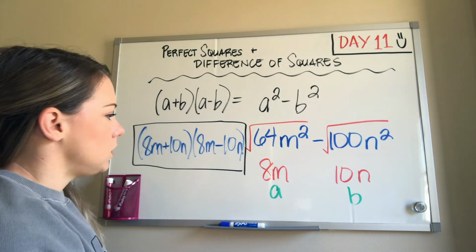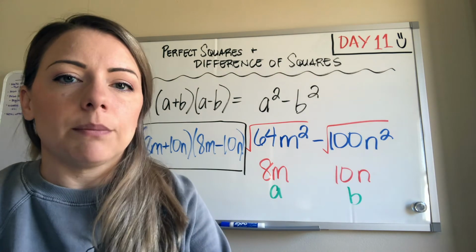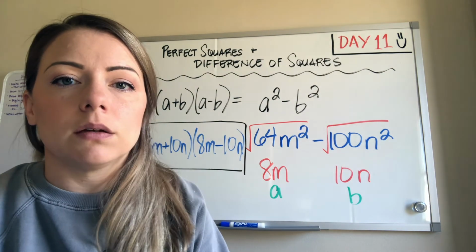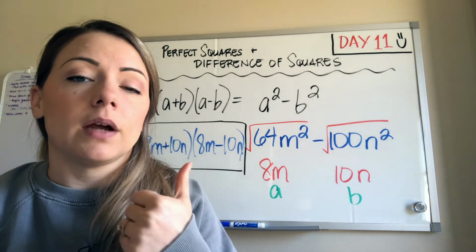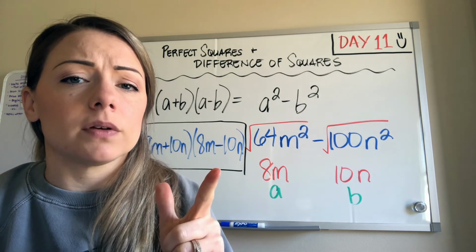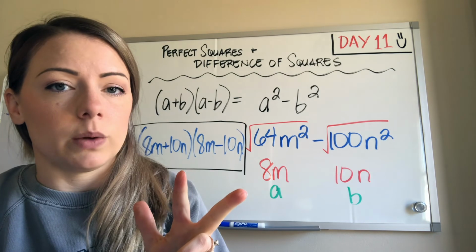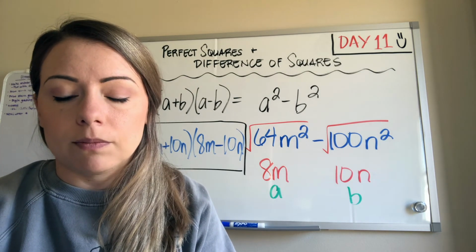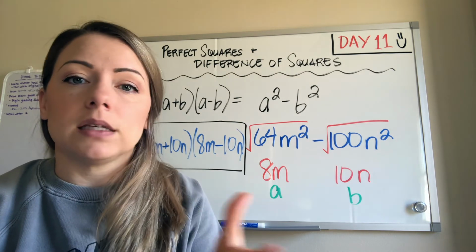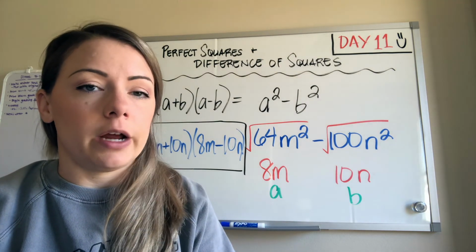All right, so I've given you 3 examples of what would happen if you had a product from a perfect square that's a sum, a perfect square that's a difference, and then a difference of squares. And then I led you through your notes to figure out, hey, I see a pattern here, what should I check for?